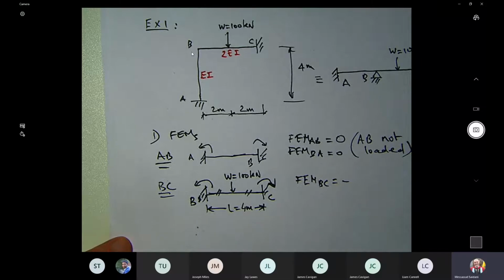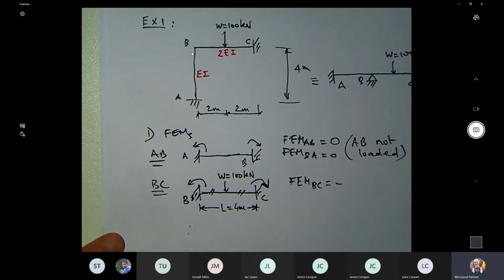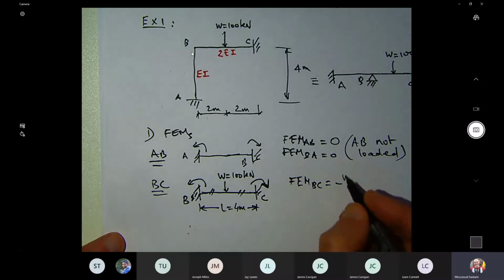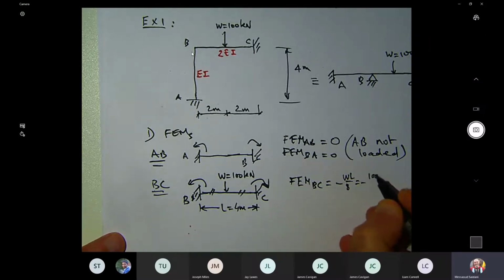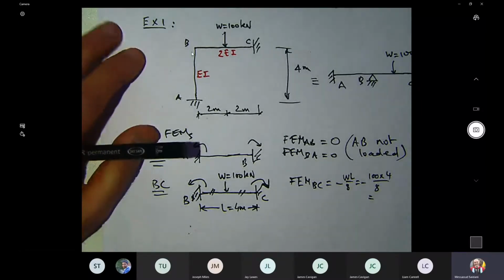WL over? Yeah, if you don't know it, don't worry. You'll be given the table in the exam, so you don't have to memorize them. But if you do know them, it's good. So it's WL over 8. So we have minus 100 times 4 over 8, which I think is 50. I don't know. Is it 50? Yeah.